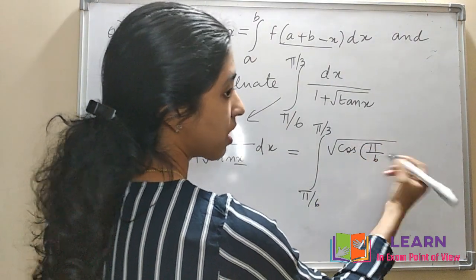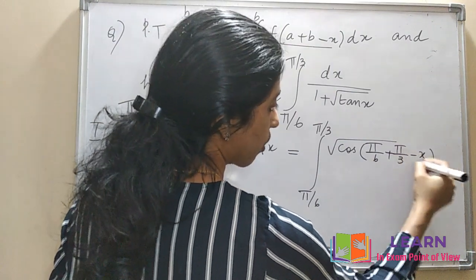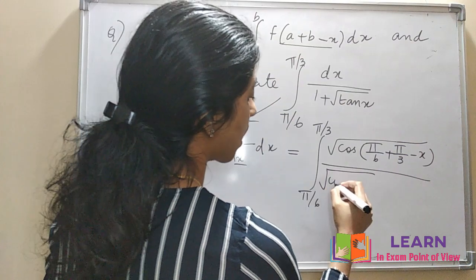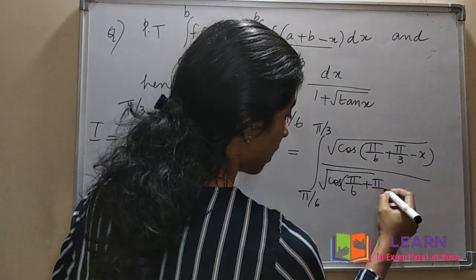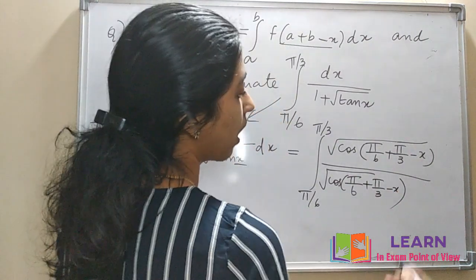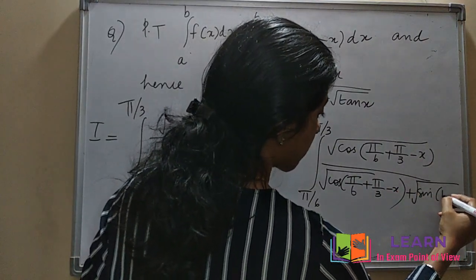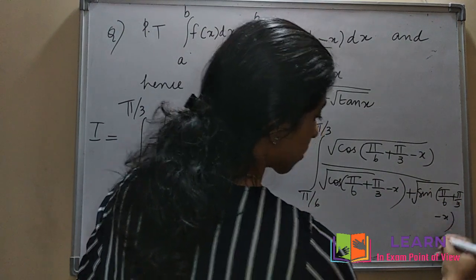So pi by 6 plus pi by 3 minus x, according to the property I am writing. Then again root cos of a plus b minus x, plus again inside the root we have sin of pi by 6 plus pi by 3 minus x.